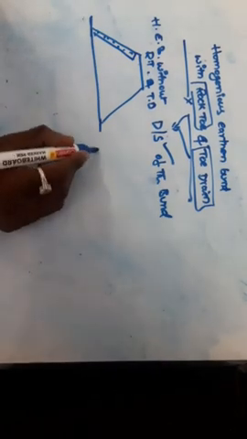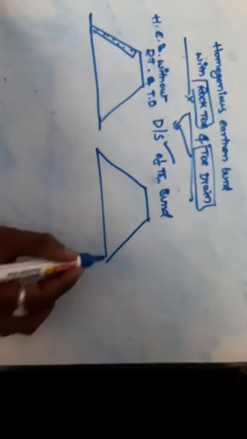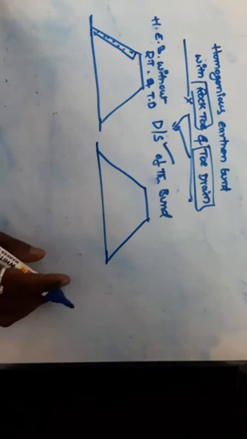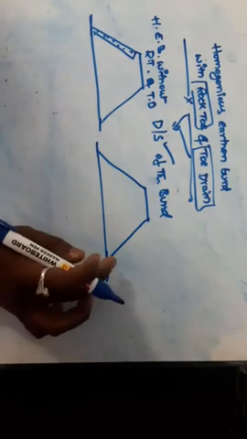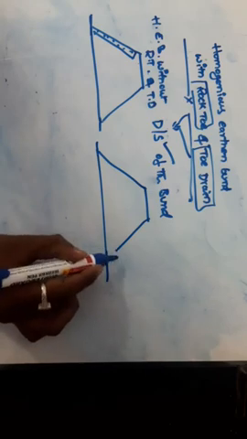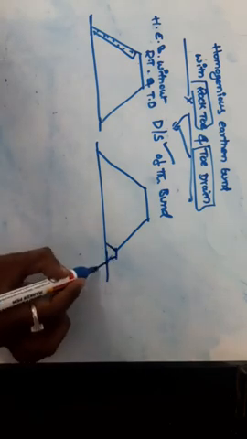Another diagram: this is the homogeneous earthen bund with rock toe and toe drain.